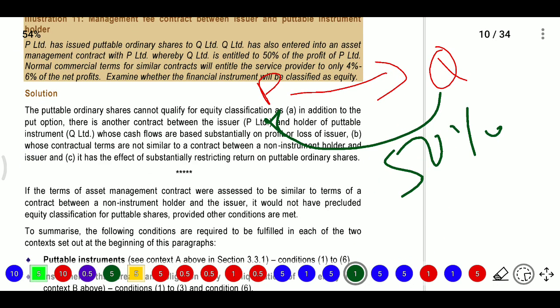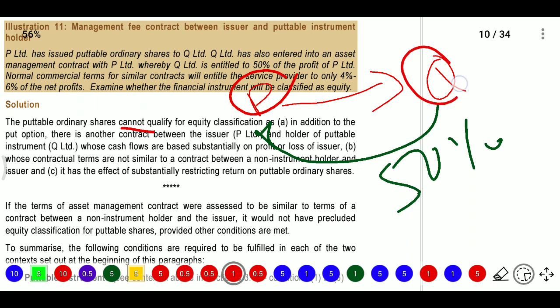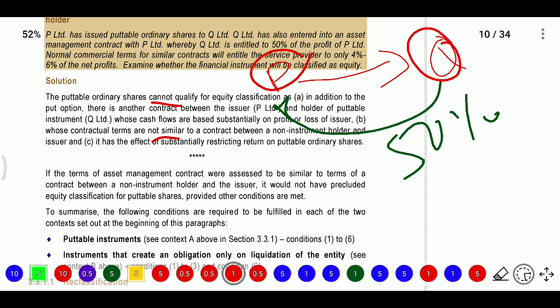Here the puttable shares cannot qualify for equity classification because, in addition to the put option, there is another contract between the issuer and the holder of the put. Here the issuer is P Limited and the holder is Q Limited, whose cash flows are based substantially on the profit or loss of the issuer, whose contractual terms are not similar to a contract between a non-instrument holder and the issuer, and it has the effect of substantially restricting the return on puttable ordinary shares.